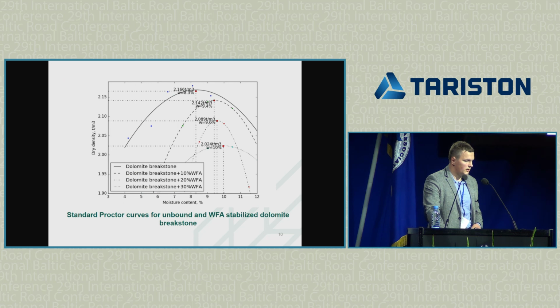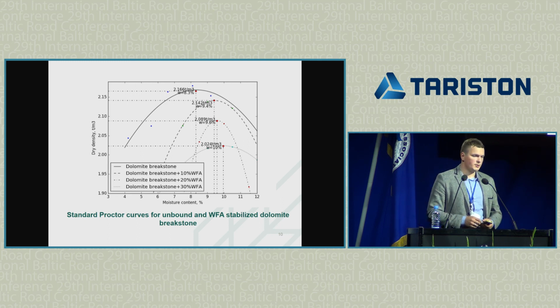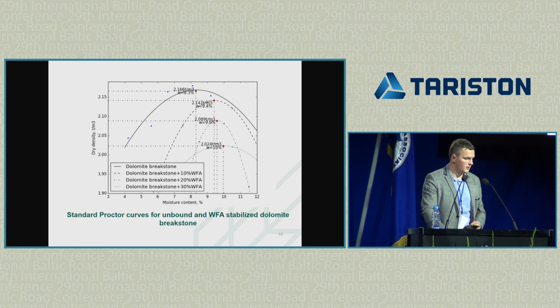So we first started with the standard Proctor test to determine the optimal water content, both for the natural material, so without any binder, and for all three different mixtures with 10%, 20%, and 30% of wood fly ash.